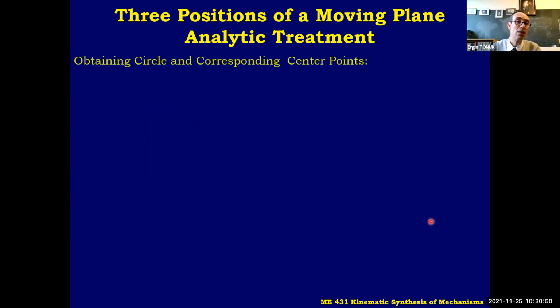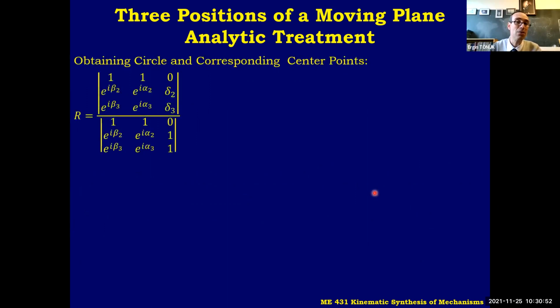We need R, which is the location of the center point relative to the first position of the moving plane, and the equation for R is like this. It's a ratio of two complex numbers, which are determinants of a 3 by 3 matrix.